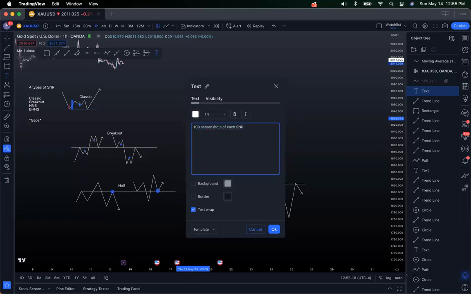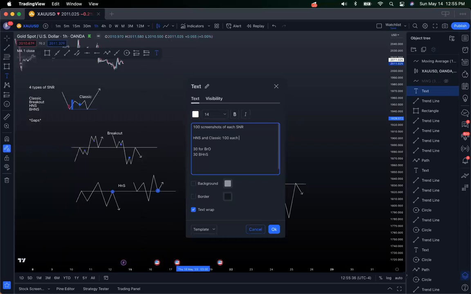If you can only do, let's say, 30 for breakout and 30 for broken HNS, that's fine. But 100 for classic and HNS, you can find no problem. HNS and classic, 100 each.